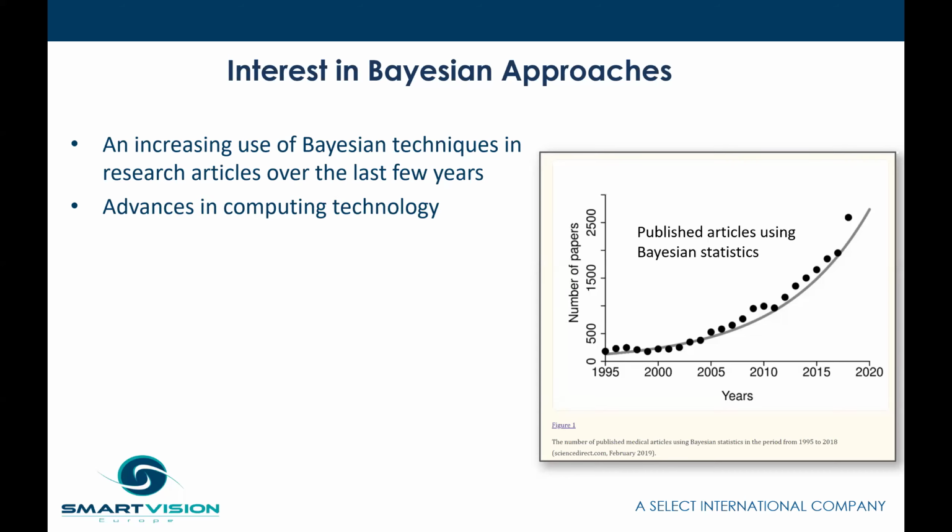One of the reasons it has come about is that a lot of Bayesian techniques require more intensive computing than was available to most people in the 1950s, 60s or 70s.